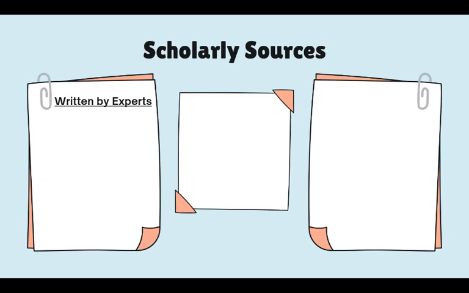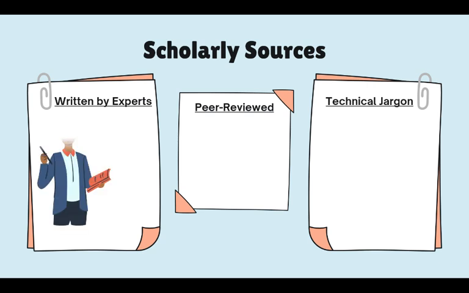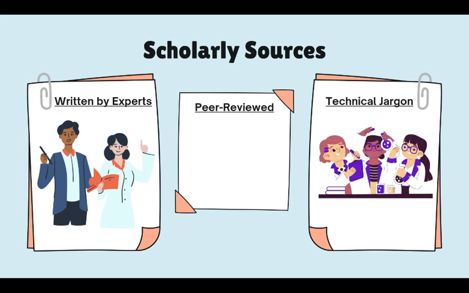On the other hand, scholarly sources are written by experts in the field, such as researchers or professors who are affiliated with an academic or research institution. These sources often discuss or analyze original research, so they contain discipline-specific terminology and often use technical jargon.